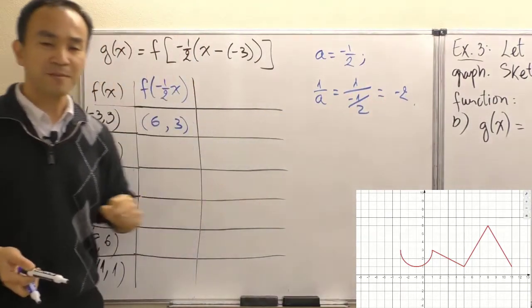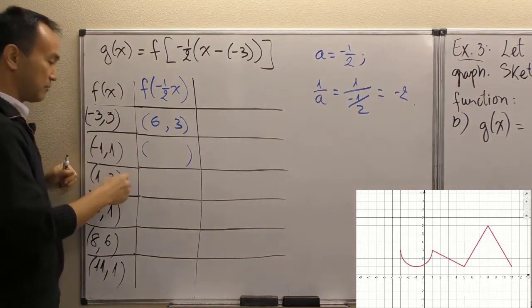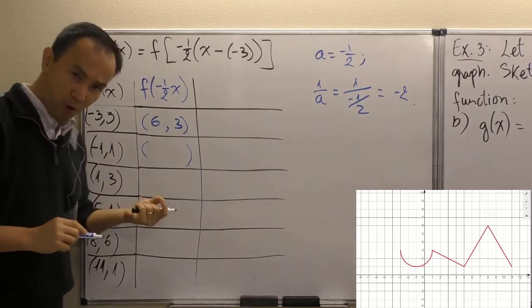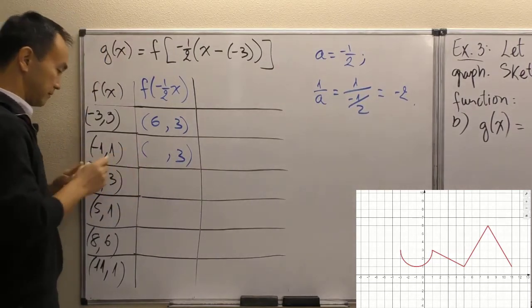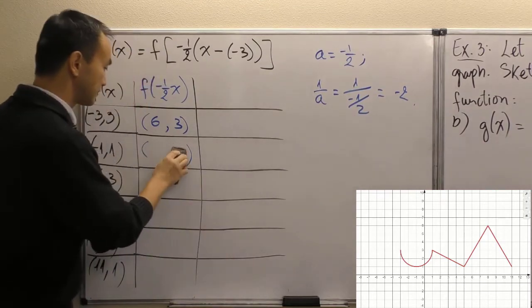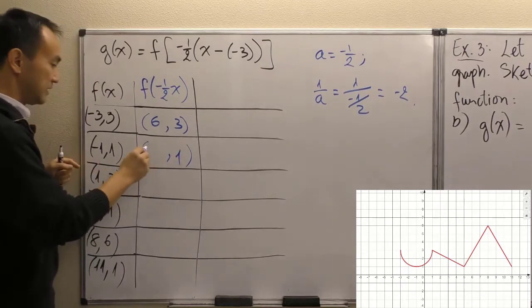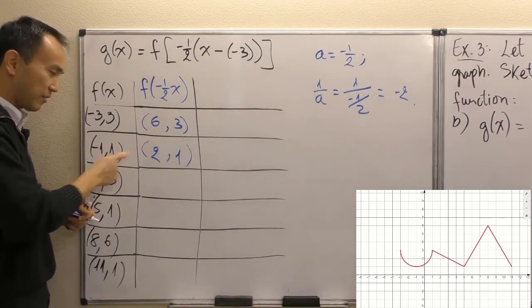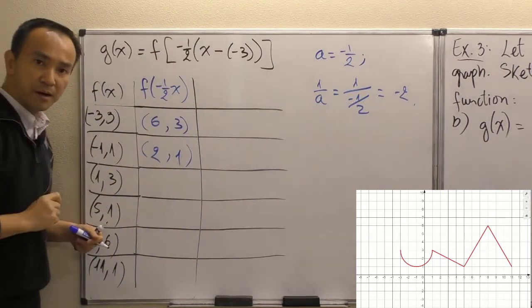Then we're looking at -1 comma 1, the guiding point on the parent function, and it transforms into 2 comma 1, because the y value stays the same, and -1 times -2 gives me a +2.